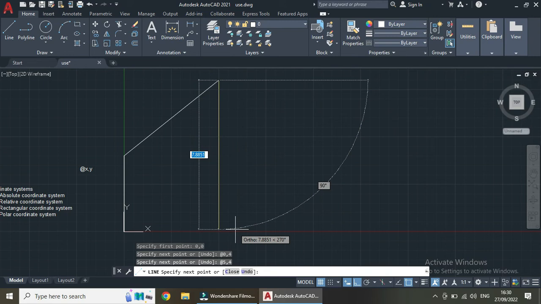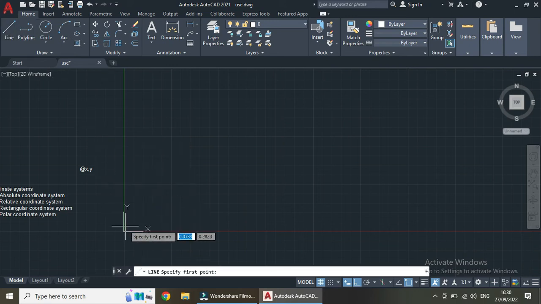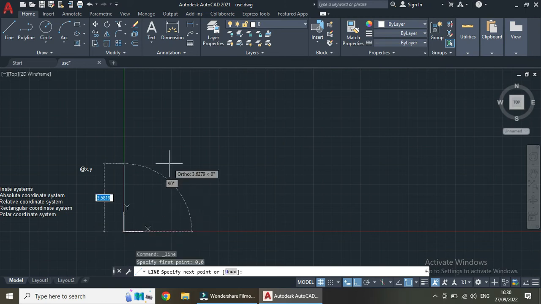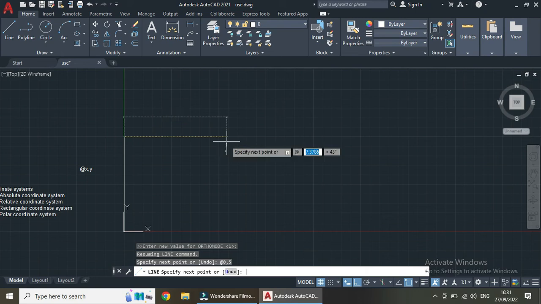So now we have to do the deleting. Let us take another one line. 0 comma 0, enter, and 0 comma 5, enter, at 5 comma 5, enter.